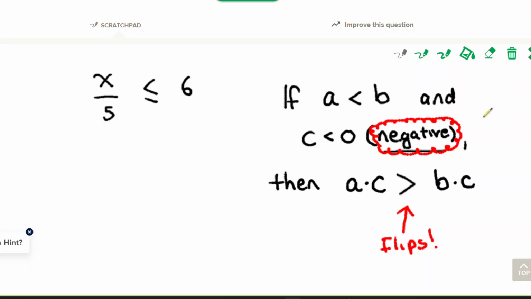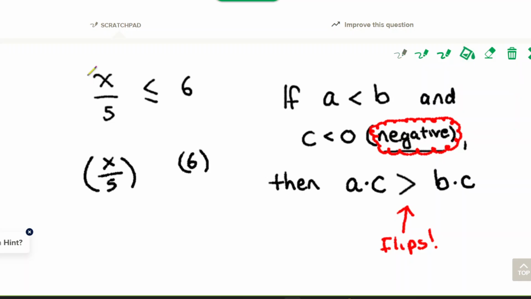All right. So back in this example, we have x divided by 5 is less than or equal to 6. And I would like to get the variable x by itself to describe all the numbers I can replace it with. So on the left side and right side, let's go back to the original color. Here's the left side of the inequality, and then here's the right side of the inequality.